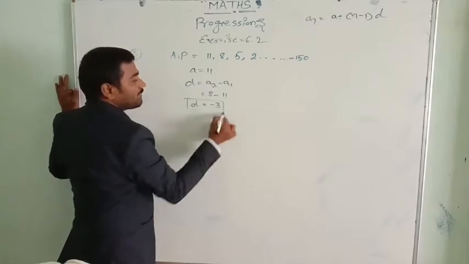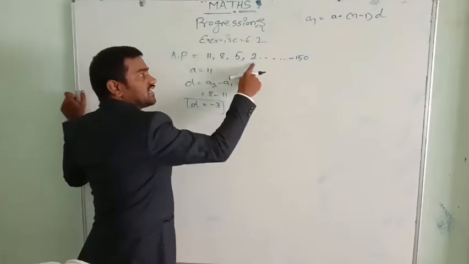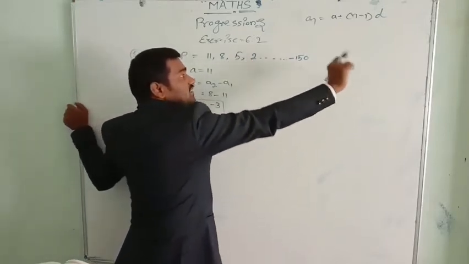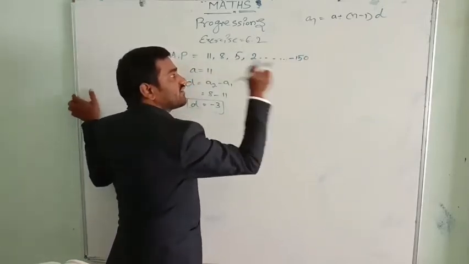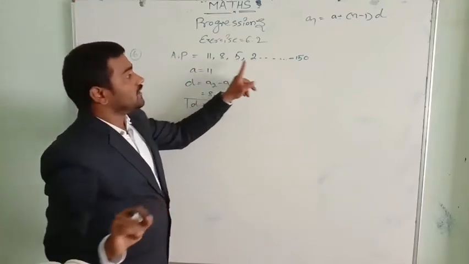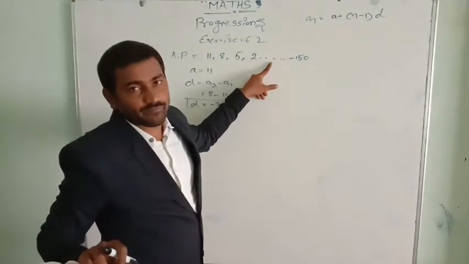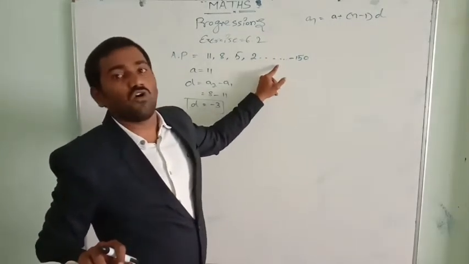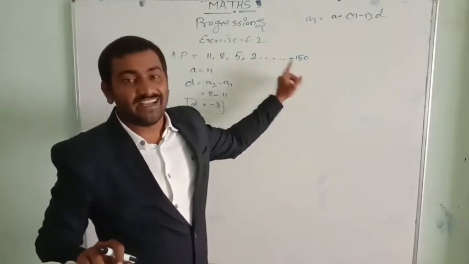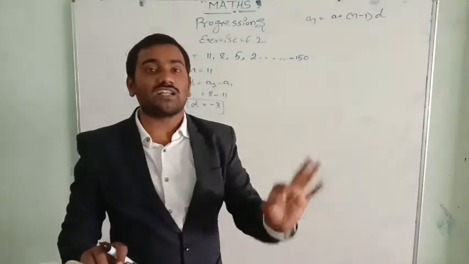When you observe here, from 11, 3 decreases, 3 decreases, 3 decreases. If it goes on decreasing, will minus 150 come in this arithmetical progression or not? The next one you get by subtracting 3: minus 1, minus 4, minus 7, minus 10. It goes like that. So will minus 150 come in this arithmetical progression or not?